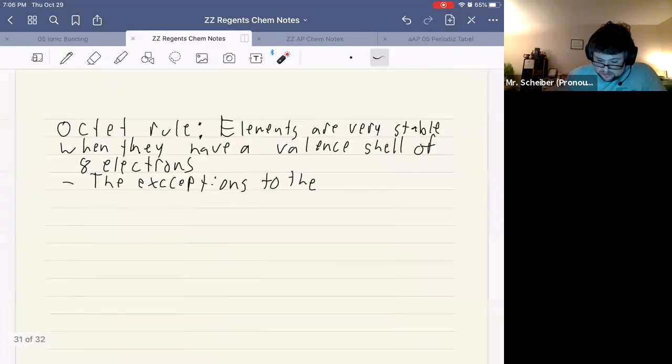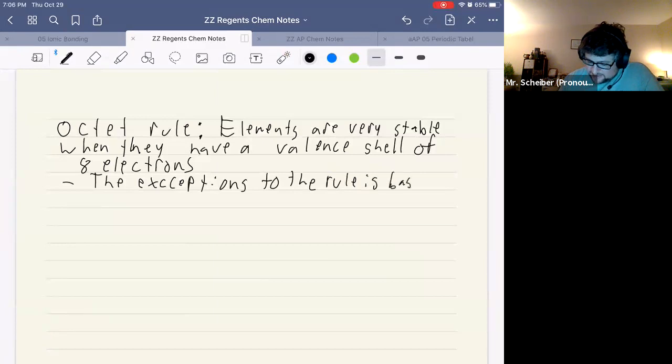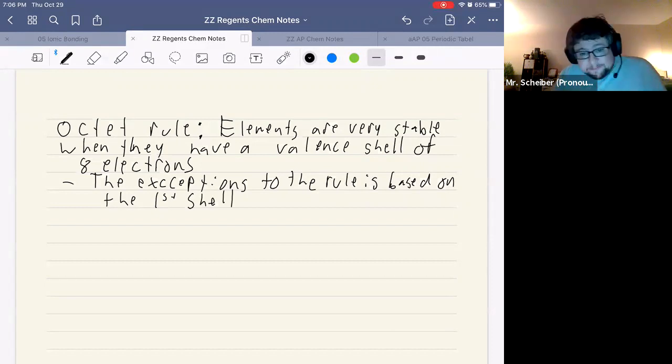So really anything dealing with a valence of the first shell. The exception to the rule is based on the first shell. Remember that shell can only hold a maximum of 2 electrons, right?